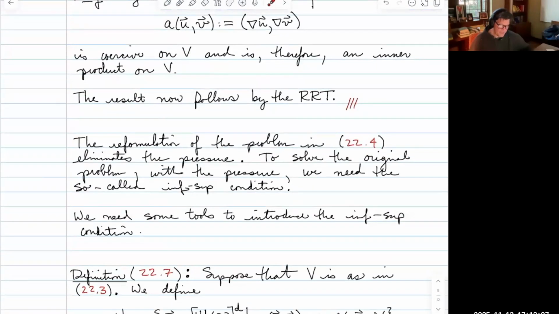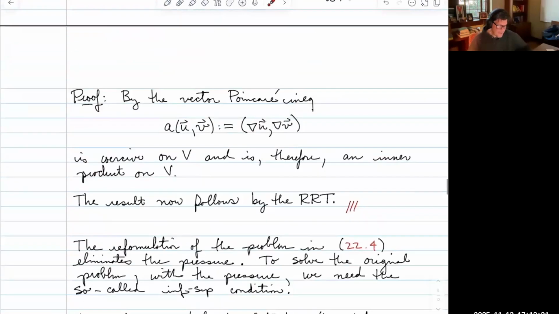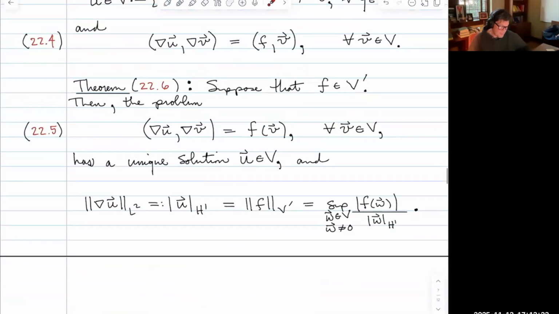Now the reformulation of the problem, for which it's easy to get existence and uniqueness, gets rid of the pressure. So we don't know anything about the pressure, and that's a problem. This space, it turns out, is not easy to work with. Okay, this space V seems nice, but it's not easy to work in that space V, especially when we're trying to build finite element schemes.